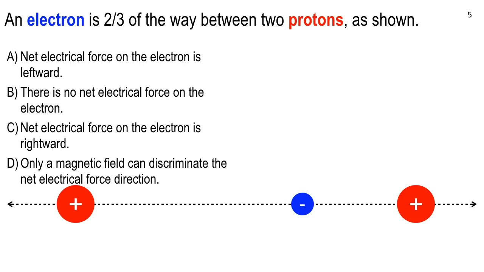The room is quiet. The students are thinking. Go ahead and make a decision.